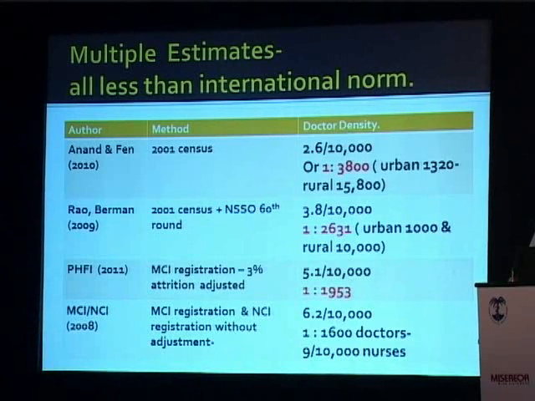So it ranges from 2.6, Sudhir Anand and Fenn's estimates, to Krishna Rao right there on the podium, 3.8 per 10,000, which I personally use, not because he's there on the table next to me, as the more robust of the various estimates that are made, to a recent PHFI extrapolative estimation where they have used 5.1 for the HLEG report, and another standard figure, which is the WHO figure I call the 6.2 per 10,000.